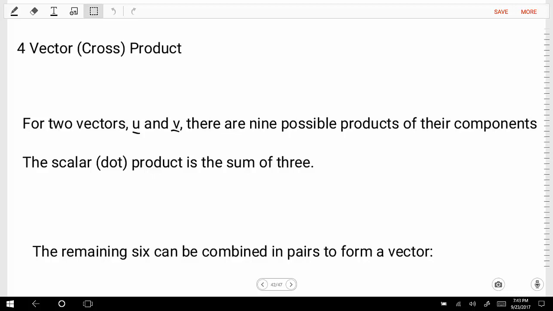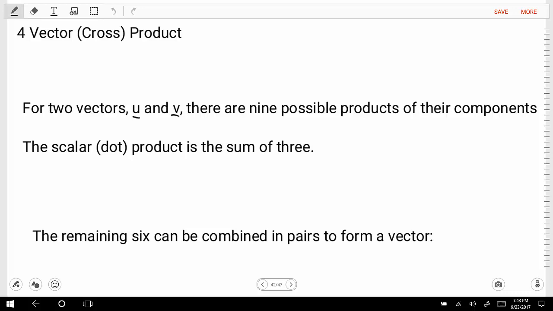In today's lecture we're going to evaluate and learn the different rules concerning vector cross products. So for two vectors, a vector u and a vector v, there exist 9 possible products of their components.